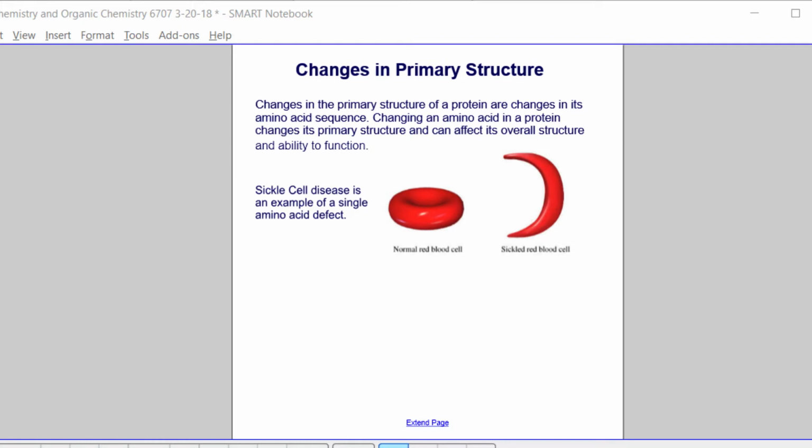One example of this is sickle cell disease. Sickle cell disease is an example of a single amino acid defect. So one change in an amino acid makes a normal red blood cell look like the sickled red blood cell and function differently.